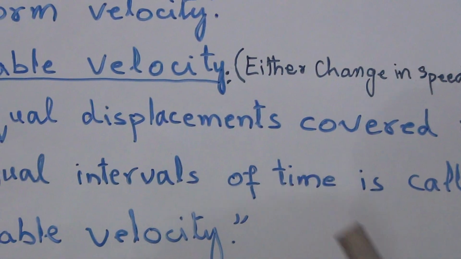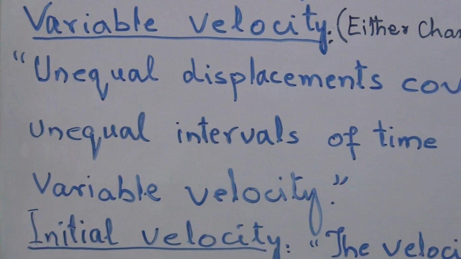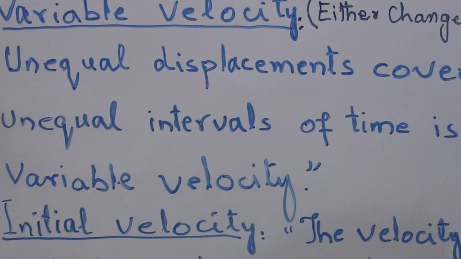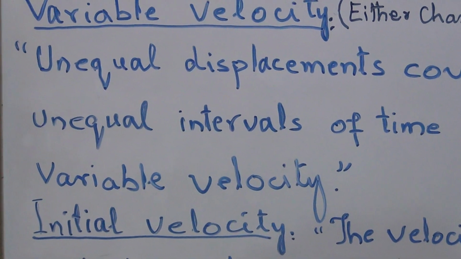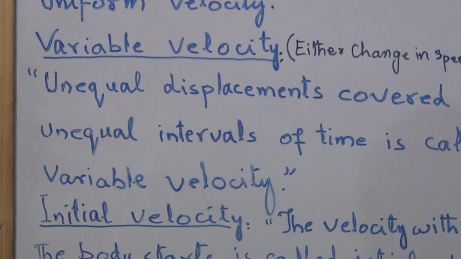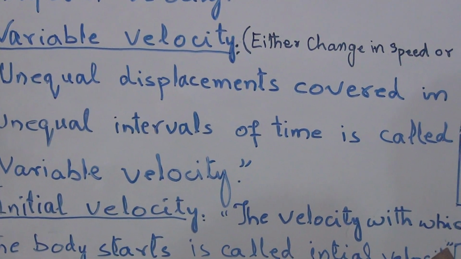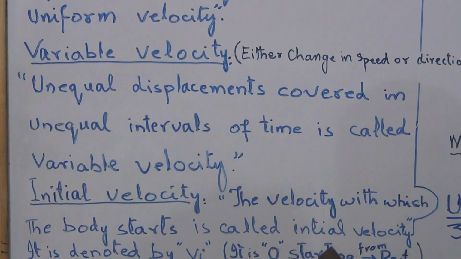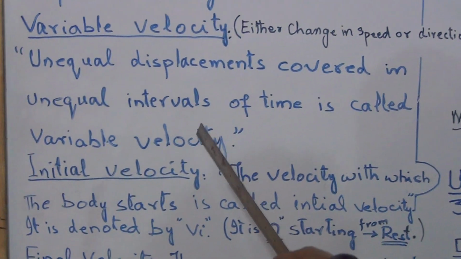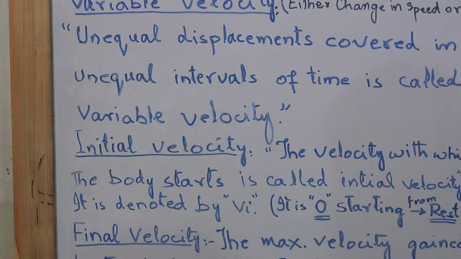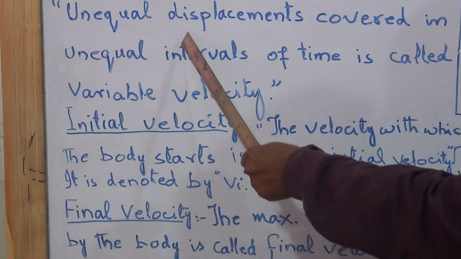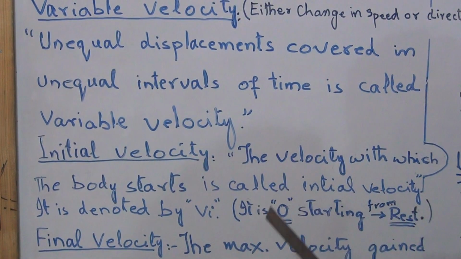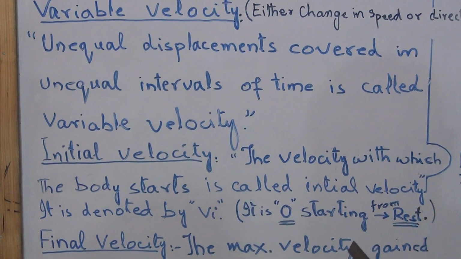For example, you are traveling in your car and you cover 10 kilometers in 5 seconds, and in the other 5 seconds you cover 20 kilometers, and in 4 seconds you cover 2 kilometers. So these are unequal displacements with unequal intervals of time. It is called variable velocity.